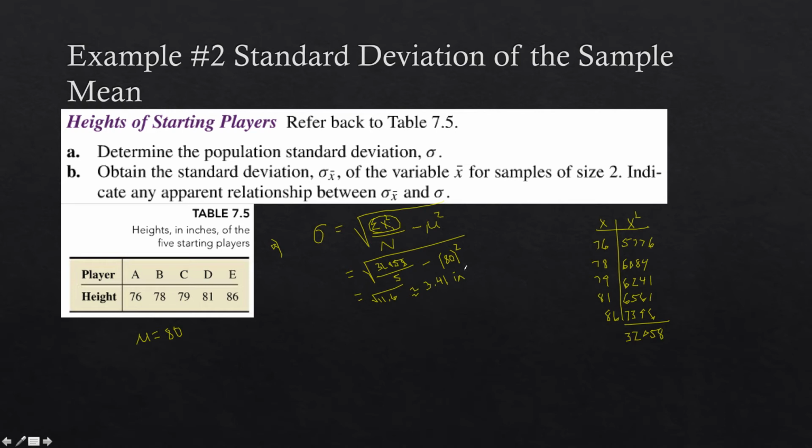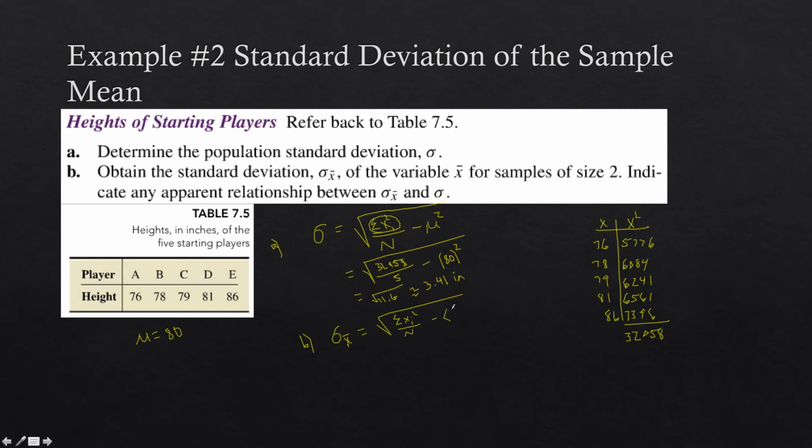Now, notice what letter B is. Letter B is that we want to obtain the standard deviation of the sample means for size 2. Well, we're going to use the same formula. That part's not changing.